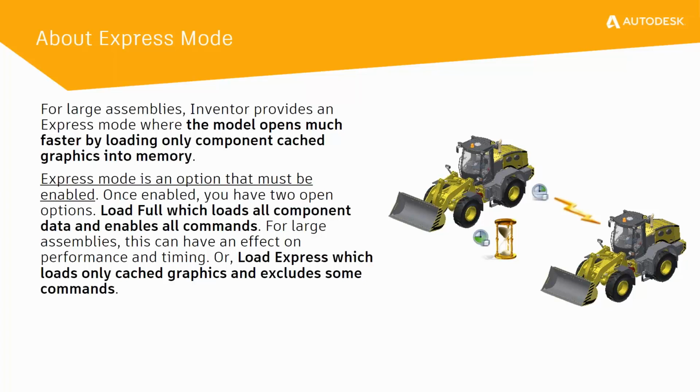Express Mode is an option that you need to enable, and we spoke of and showed you how you can enable that using your system options earlier. But whereas Load Full loads all of the component data and all of the commands into your system, by loading Express, you're only loading a subset. You're only loading cached graphics, and you're also excluding some commands from your workspace by doing this.